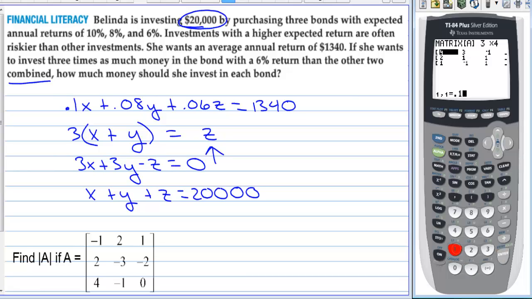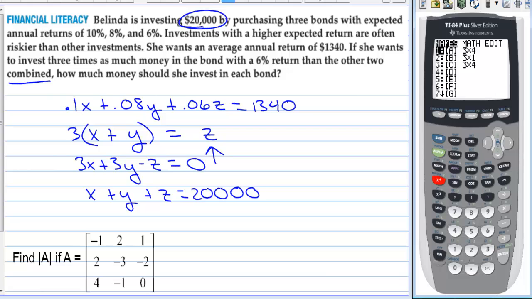So we have 0.1, 0.08, 0.06, and that's 1340. Then we have 3, 3, negative 1, 0, and then 1, 1, 1, 20,000. Enter. So we can quit out of there.